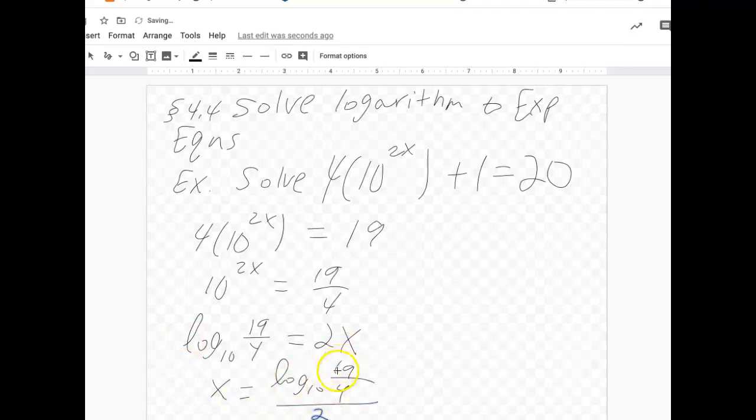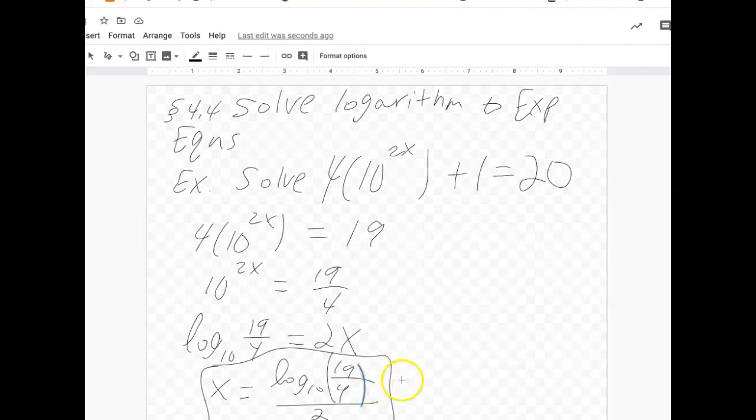And this is a nice answer. It's an exact answer. If we were going to get our calculator out and punch it in, make sure that you keep this fraction in parentheses and not get it mixed up in dividing all of it by 2. So let's see, log of 19 divided by 4, all divided by 2.